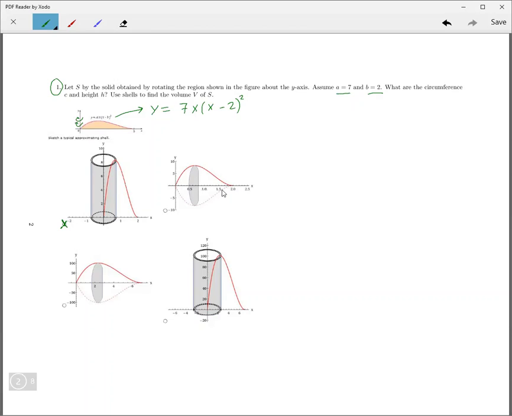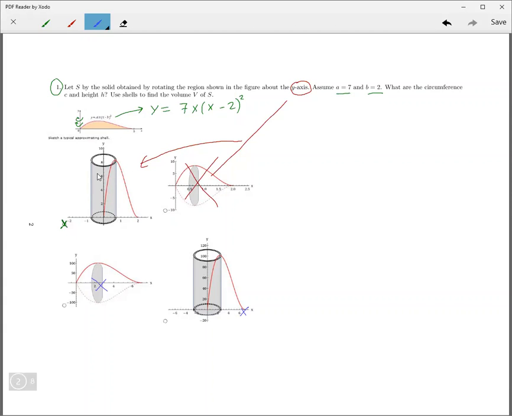This one also crosses at 0 and 2, but this is being revolved about the x-axis, and it says revolve it about the y-axis, so that means that's wrong. This one is the correct one, because it's being revolved around the y-axis. This one right here comes all the way out to 7, so that's why that one's wrong, and this one is also wrong. So this is what it looks like. If you change the scale a bit, then you get something more like this.